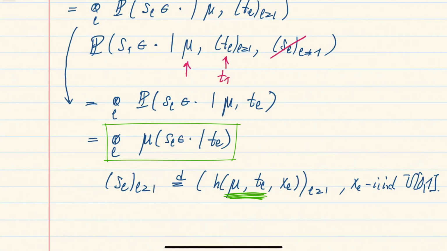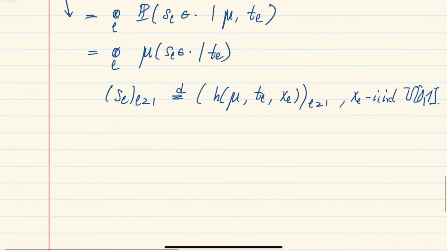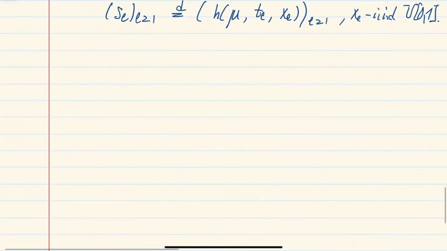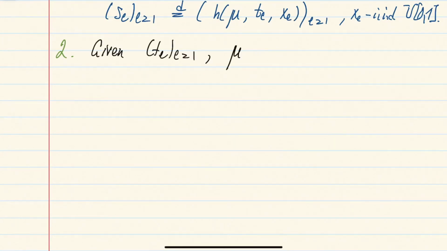And we want to get rid of this empirical measure mu. So in step 2, what we need to describe now is the distribution of mu given t. Okay, and here we are going to use various other relationships that we noted above.